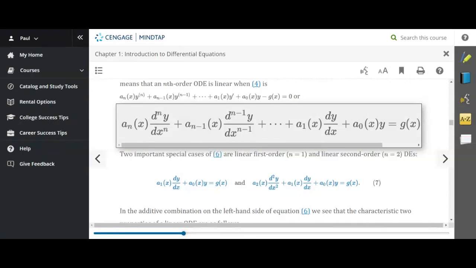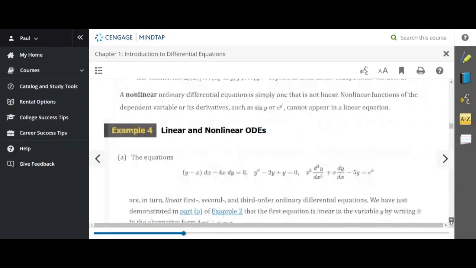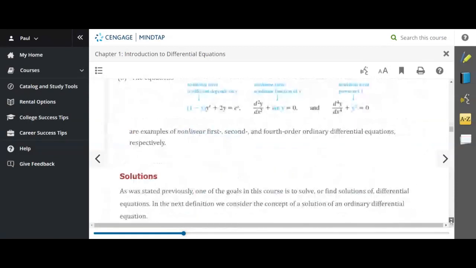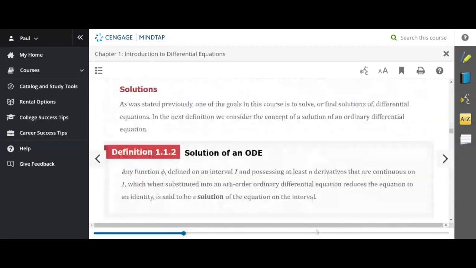All right, let's see here. Excellent. One moment, we have another question. Amanda says, so it's nonlinear if the coefficient is a function. Well, Amanda, what you need is some access to some examples.